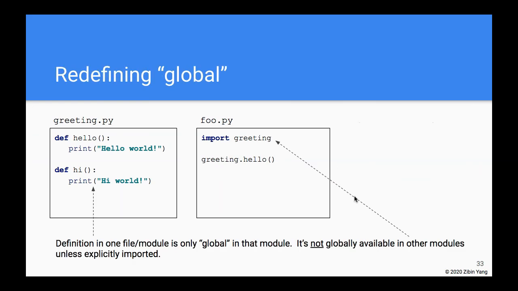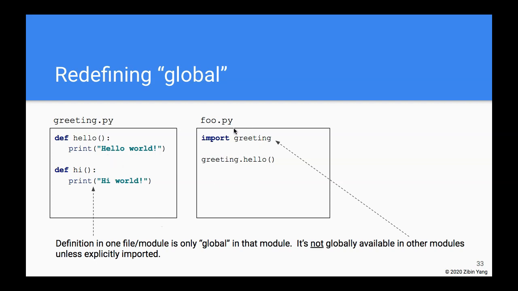All right, so one more thing I want to mention is, I keep using the word global to refer to functions that are defined at the scope of the file. Now, there's nothing that is actually truly global in Python, in the sense that even these functions defined at the top level of a file are only global in that file or module, right?